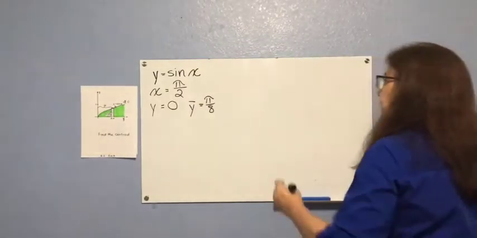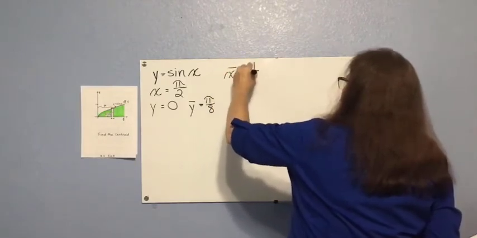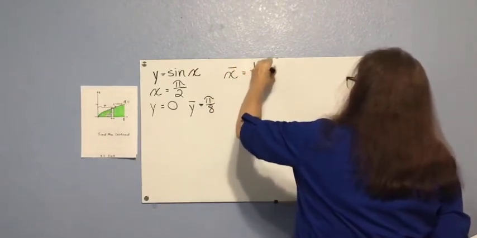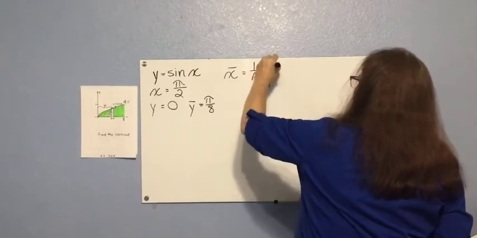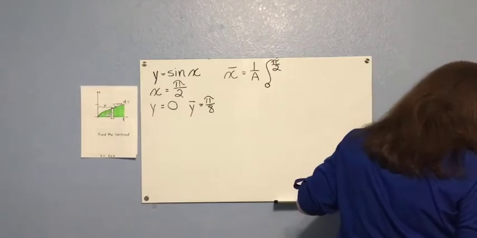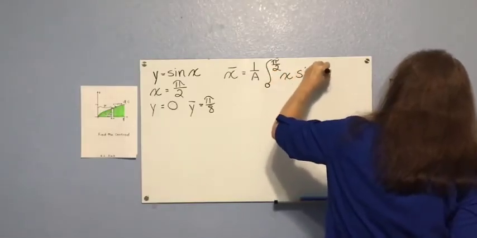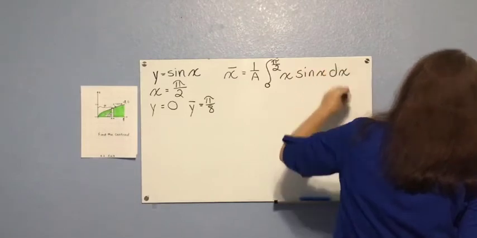And now we need to find x bar. So we can write this integral: 1 over A times the integral from 0 to pi over 2 of x sine x dx.